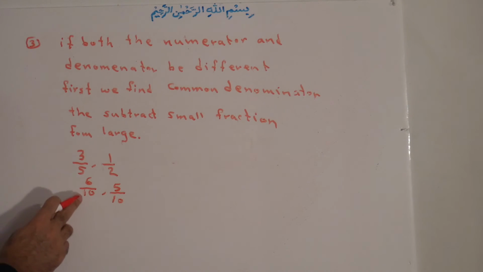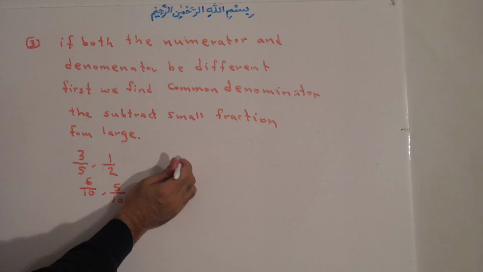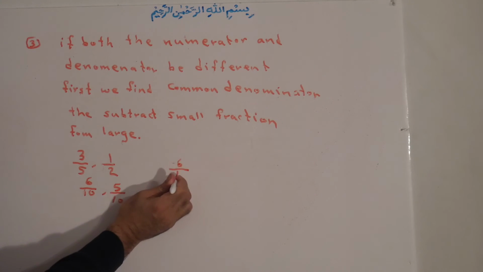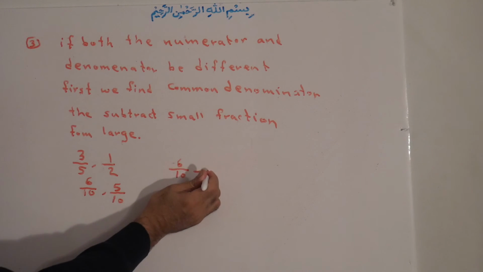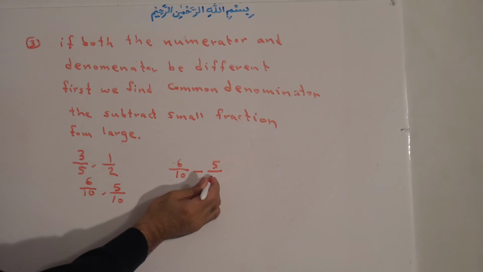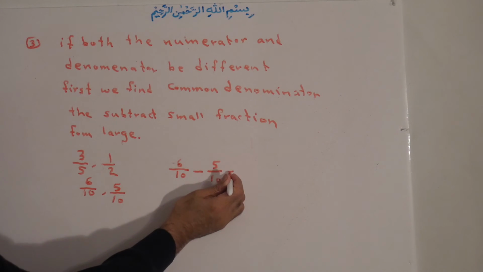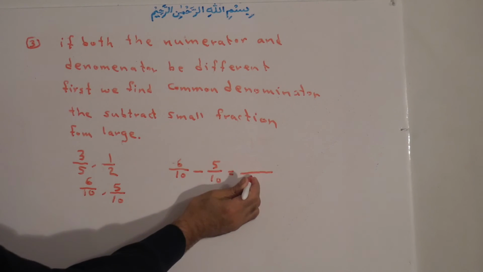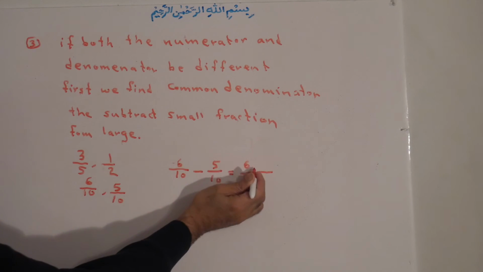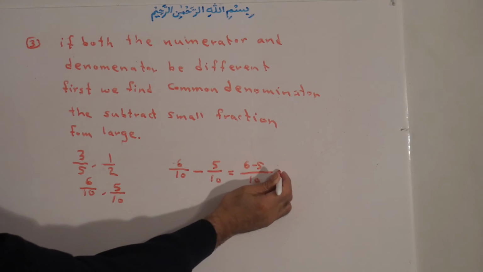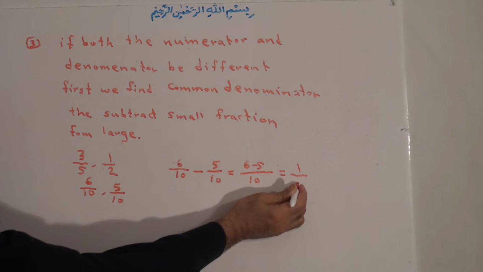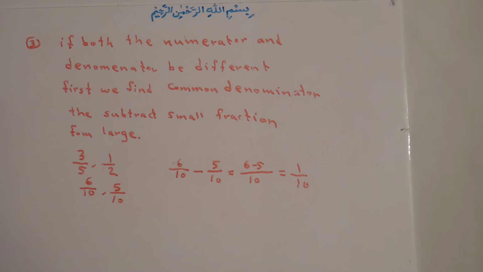Now we see that both of the denominators are the same, and this one is larger than this one. Now what we do, 6/10 minus 5/10, that is equal to 6 minus 5 is 1/10.